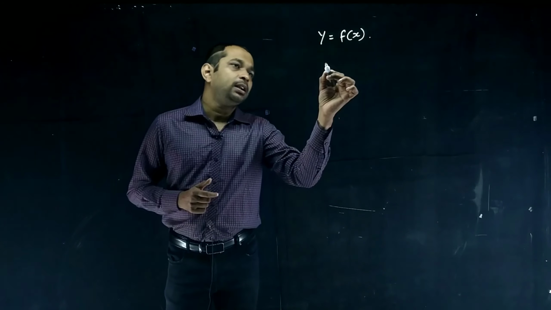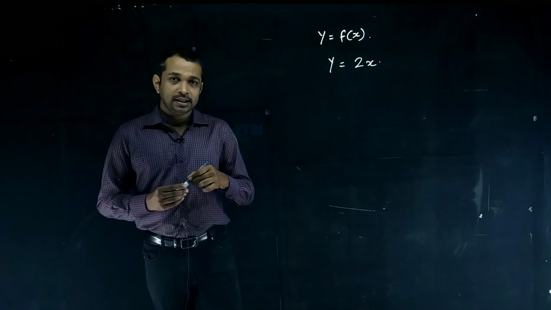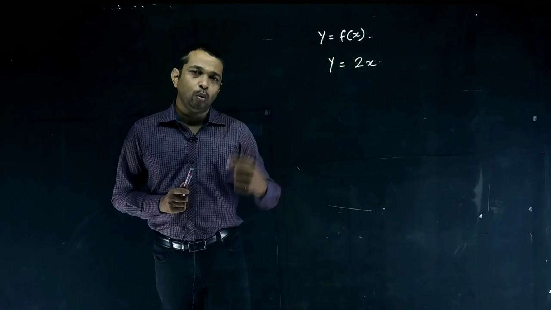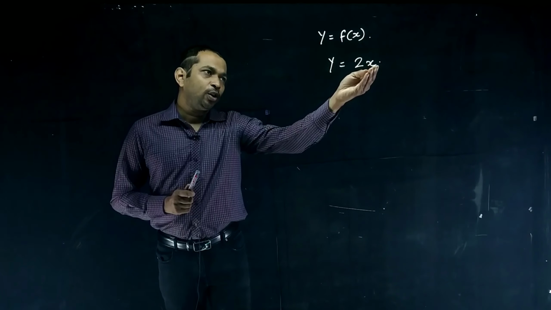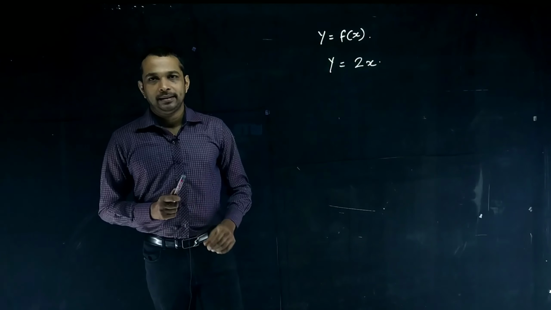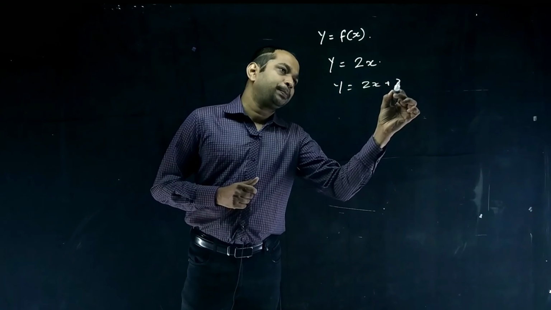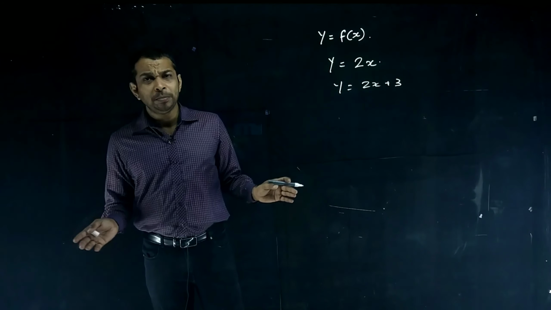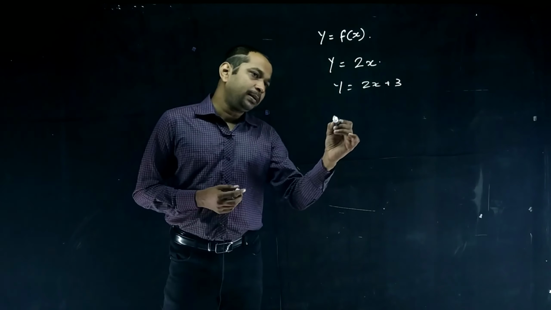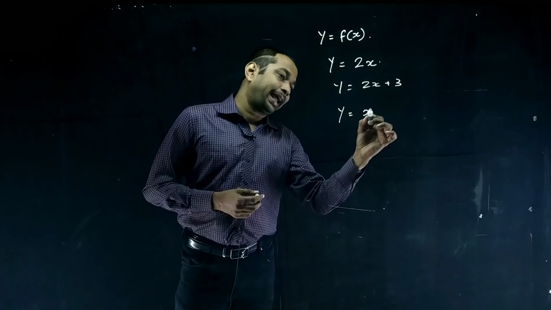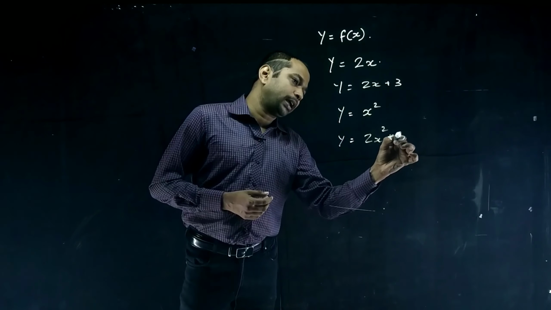For example, y is equal to 2x means if the value of x is 1, y is 2, because 2 into 1 is 2, and if the value of x is 5, y is 10, right? And you have y is equal to 2x plus 3. Like that you can have numerous functions, right? Let me write some examples here. y is equal to x square, y is equal to 2x square plus 5x.